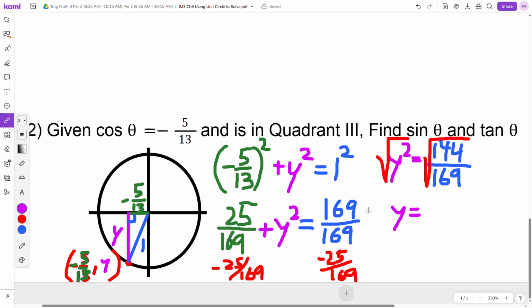But even if it wasn't an integer square root, that's totally okay. We can handle square roots. So here we get that y equals 12 over 13. So yay, this is 12 over 13.